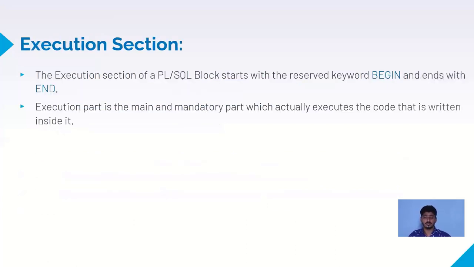Execution section. The execution section of a PL/SQL block starts with the reserved keyword BEGIN and ends with END. The execution part is the main and mandatory part which actually executes the code written inside it.